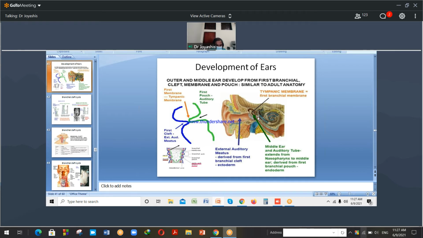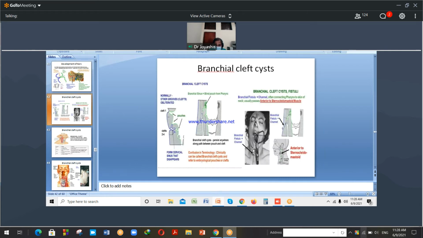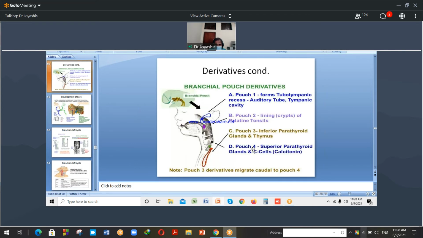The second pouch becomes segmented, and one of the segments forms the tonsils and lymphatic nodules. The palatine tonsil develops from the second pouch, lining the crypts of the palatine tonsils.